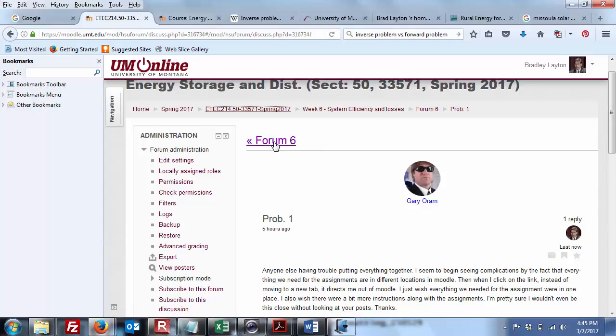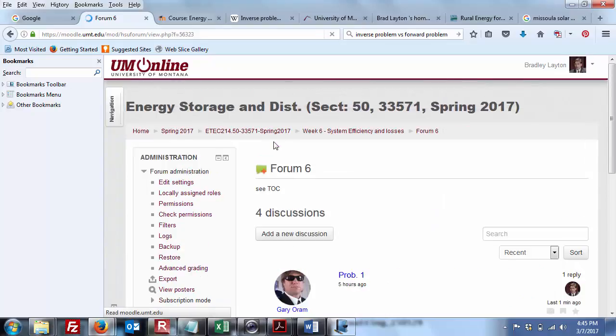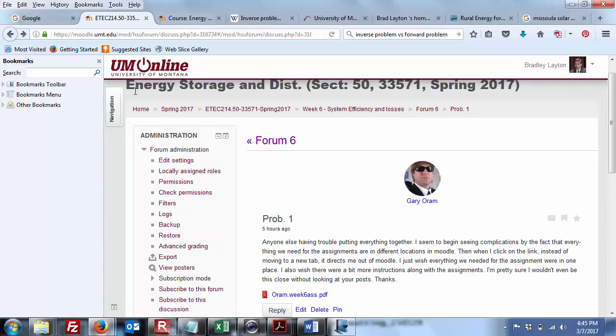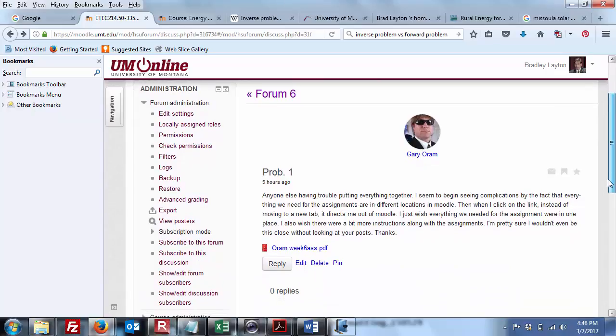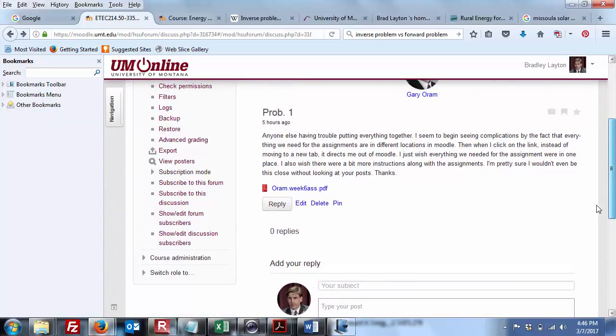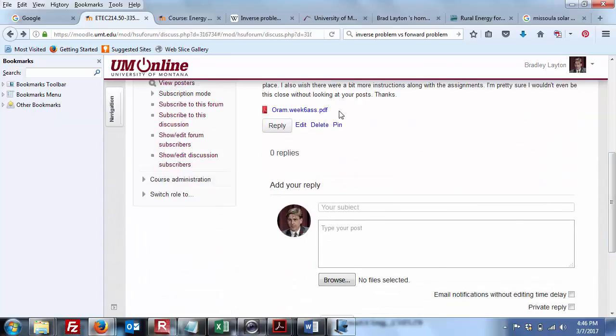So I did control click on Forum 6. And you know, I think you may have an Apple, which might be different. Oh, yeah, it might be different on the Apple. Okay. It'd probably be worth just going and checking, Google, like how can I open a link in a new tab with iOS. Right.